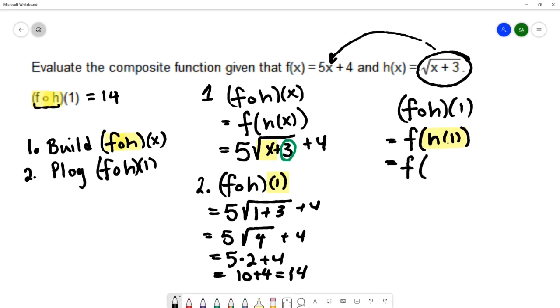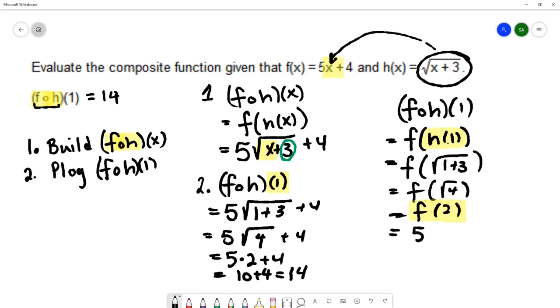So that is the square root of 1 plus 3. And the square root of 1 plus 3 is the square root of 4. And the square root of 4 we know to be 2. And then we're going to work out f of 2. That's substituting a 2 inside of f. So 2 in for that function there.